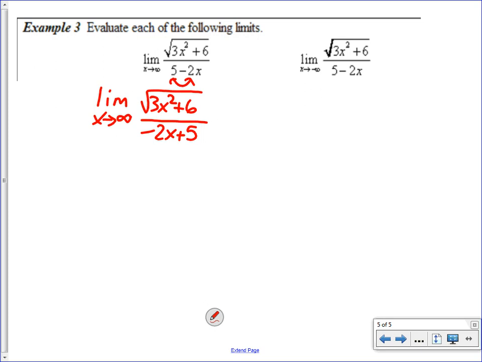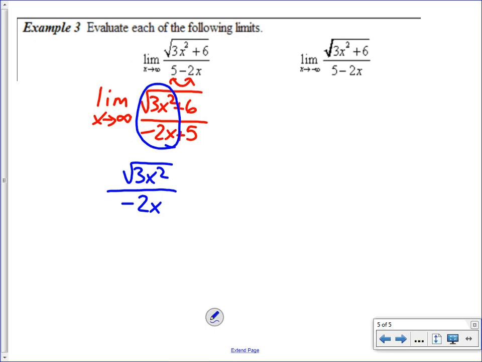Your end behavior is determined by your leading terms. So these right here. So we're just going to ignore the plus 6 and the plus 5. So you could think of this basically as the square root of 3x squared over negative 2x.